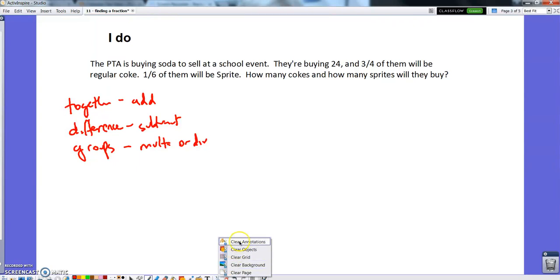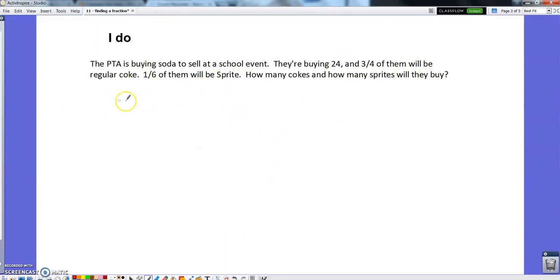And a very simple way to do problems like this, remember, let's change this to 12. So when we do this question, I'm looking for 3/4 of 12, or 1/6 of the 12 sodas. I'm looking for that. And in math, the word of, when it's used like that, 3/4 of 12, that is a keyword to multiply.